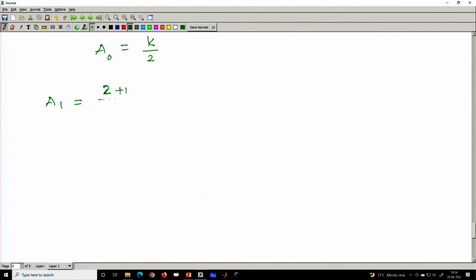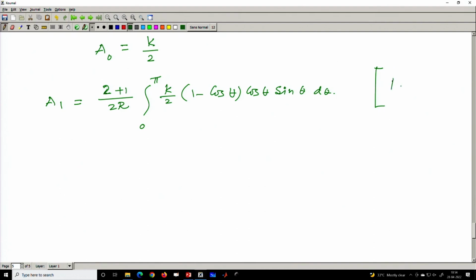It should be 2 plus 1 over 2r, and the integration is 0 to pi of k by 2 times 1 minus cos theta, times cos theta and sin theta d theta, because P1 of cos theta is equal to cos theta, which we put here.